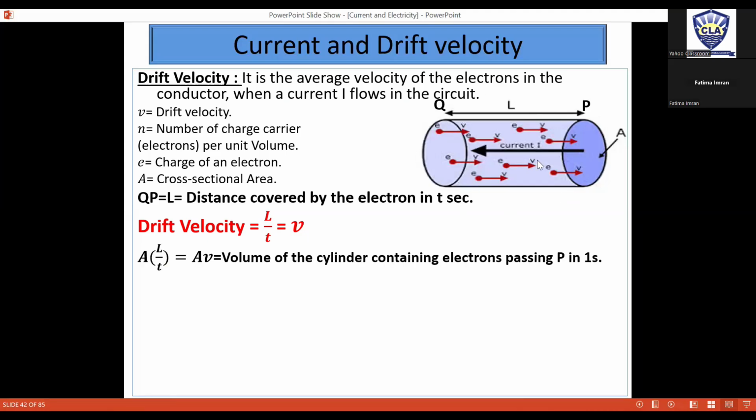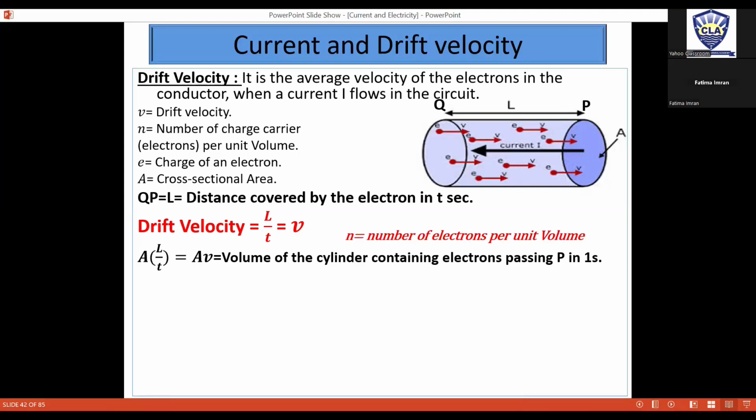So we can say volume of cylinder containing electrons passing point P in 1 second will be AL, the volume, divided by time. And L over T can be replaced by V. So we get AV. It's the volume of cylinder containing electrons passing point P in 1 second.